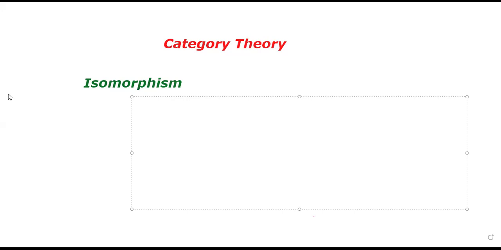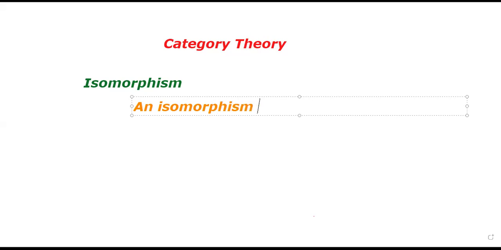An isomorphism in a category is a morphism. What type of morphism?